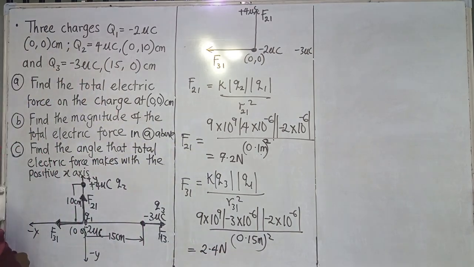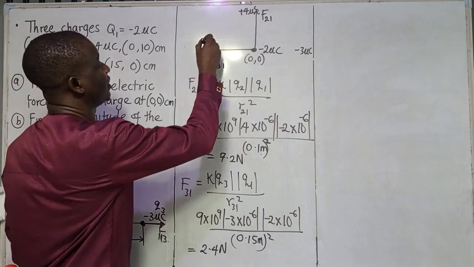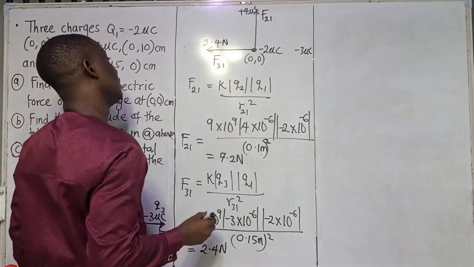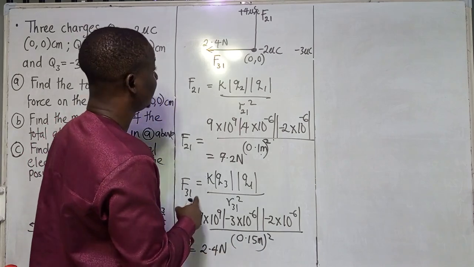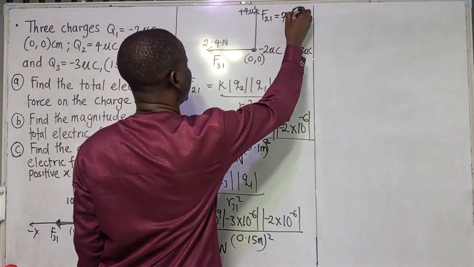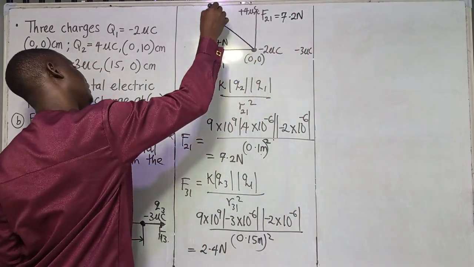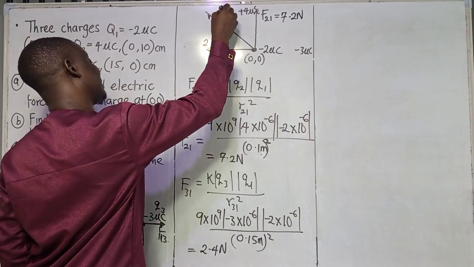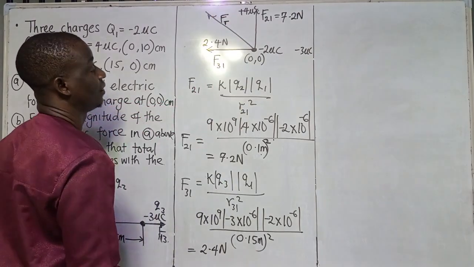Now, I have gotten the forces in their magnitude. So let's place them. This F31 is 2.4 Newton. Then the one of F21 is 7.2 Newton. Then this is the magnitude of the resultant, the total force, F total.